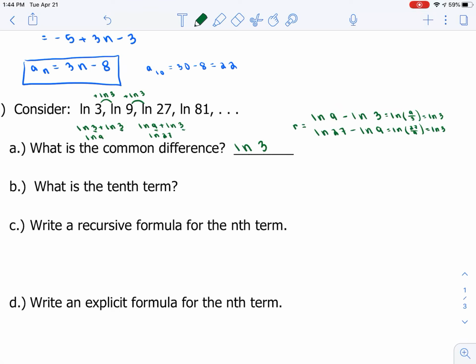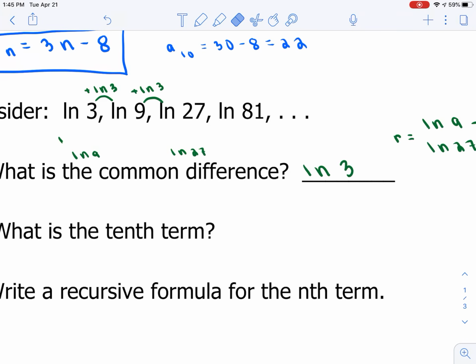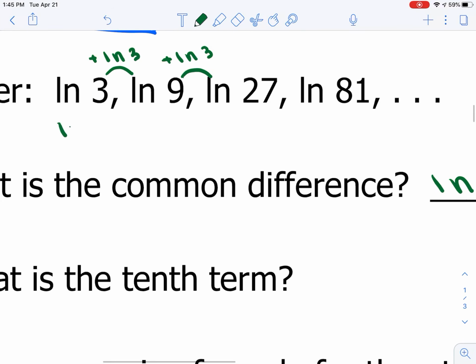Now, for the 10th term, one way you can think about this is ignoring everything I have taught you in today's notes. Even if you just look for patterns here, I'm going to erase this work down here. Even if you just look for patterns, notice that the first term, so this is when n equals 1, is natural log 3. The second term is natural log 3 squared.